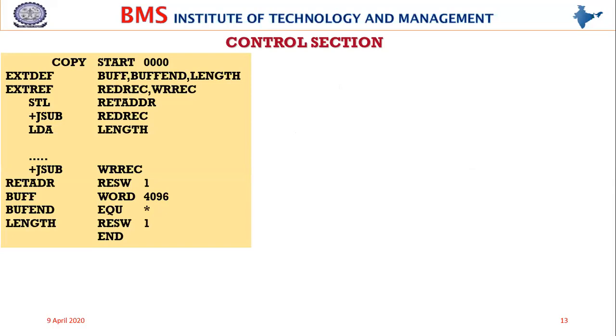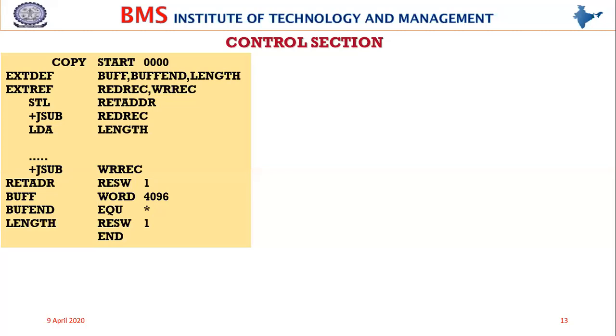COPY is the name of the program, START, and it starts at 0. At the beginning of the program itself, we are using these two assembler directives, EXTDEF and EXTREF. EXTDEF, meaning defined here and used somewhere else, has BUFFER, BUFEND, LENGTH. These are the three variables defined in this section but may be used in other sections.